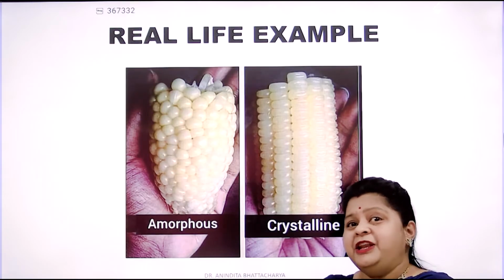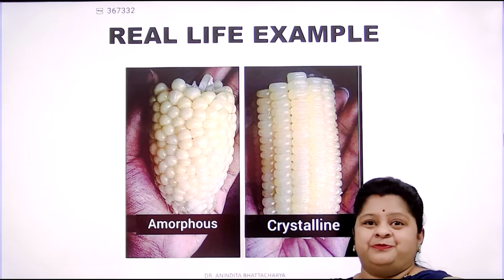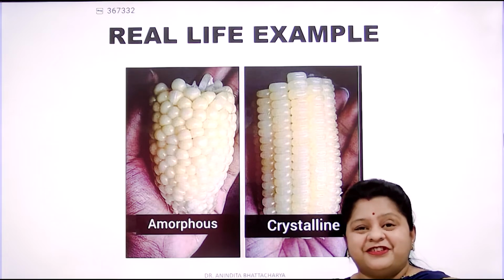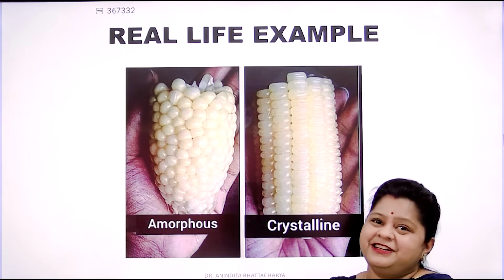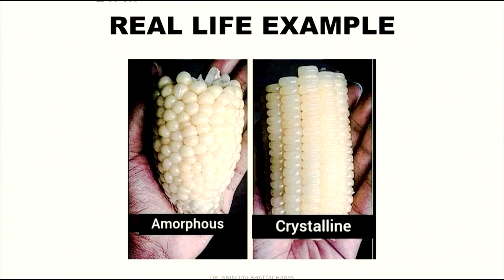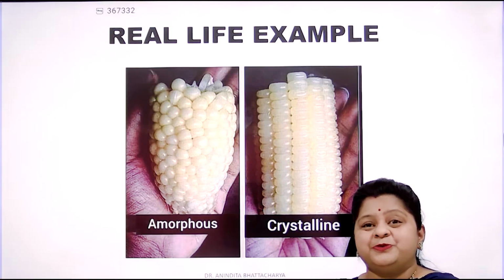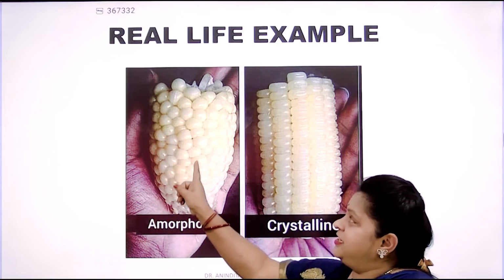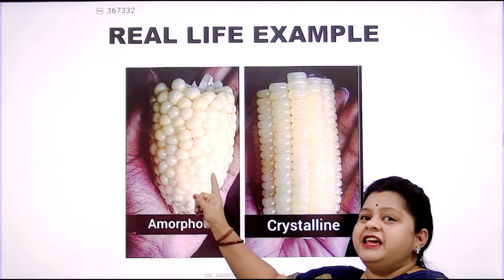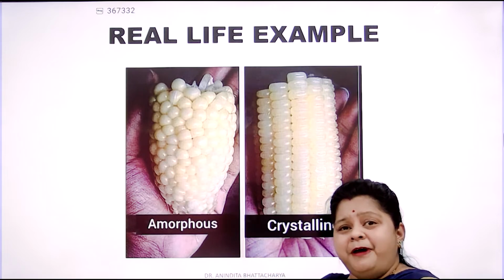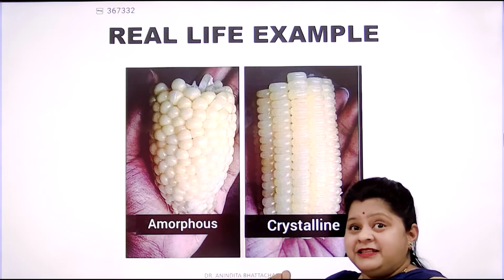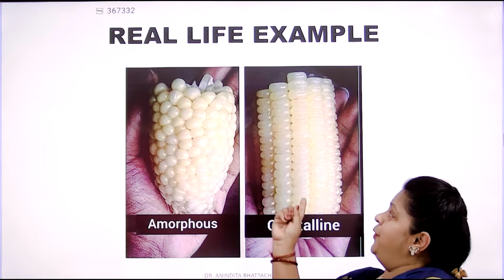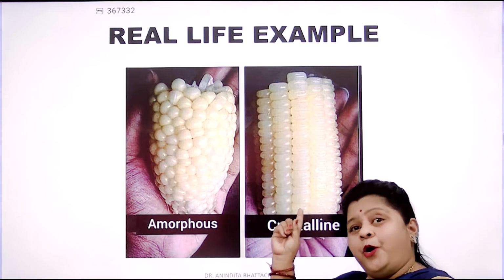To explain you, I can take you to nature, the structure of a crystalline and amorphous solid. We all enjoy bhutta, but have you seen those bhutta? In some bhutta, all the corns are arranged in a haphazard pattern, but in some, they follow a very orderly fashion.